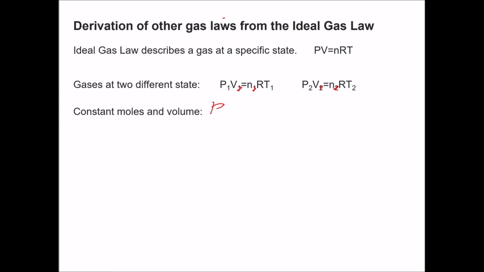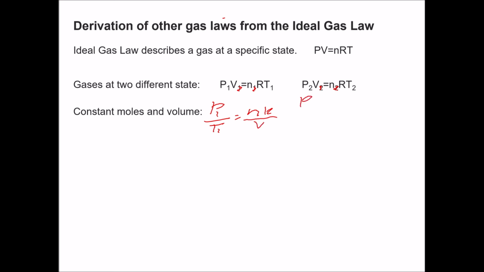So I'm going to have P1 over T1 equals NR over volume, since volume's a constant.